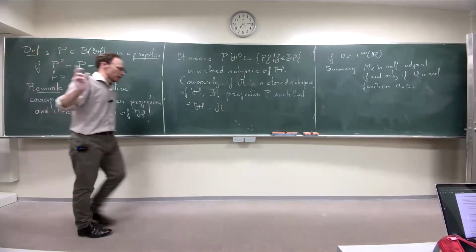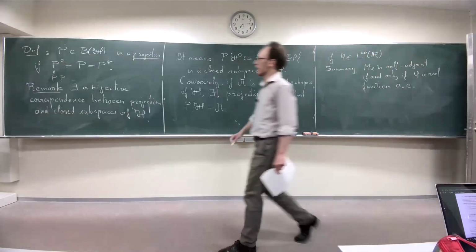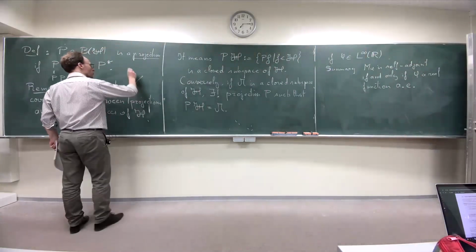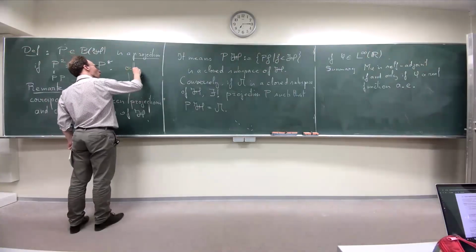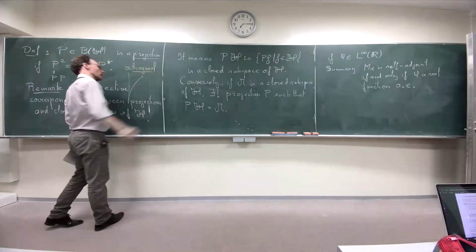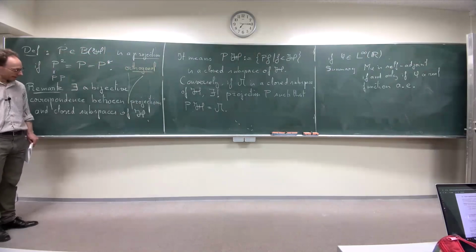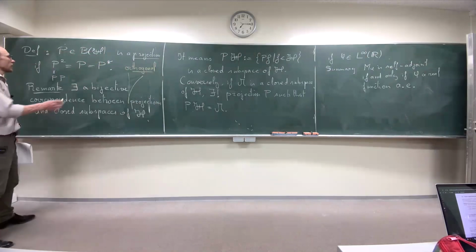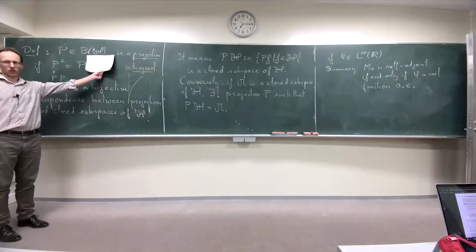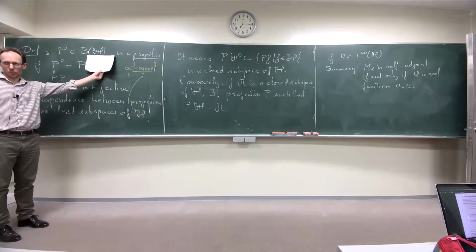I'm cheating a little bit. I should call it, if I want to be very precise, I should call it orthogonal projection. But usually we forget this word because in this context, it's always orthogonal. In other contexts, sometimes we forget this second condition. We just ask P square is P, and we call this a projection.